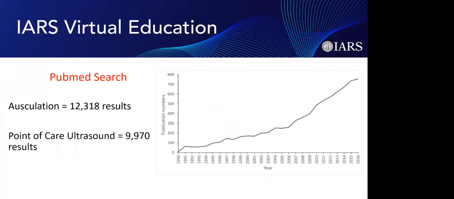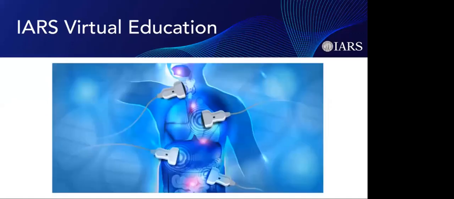This highlights the increasing use of point-of-care ultrasound, or POCUS, in anesthesia as well as in other fields of medicine. While point-of-care ultrasound can be used in many organ systems in the body, this seminar will focus on airway, particularly upper and lower airway. In addition, we will also focus on gastric ultrasound.